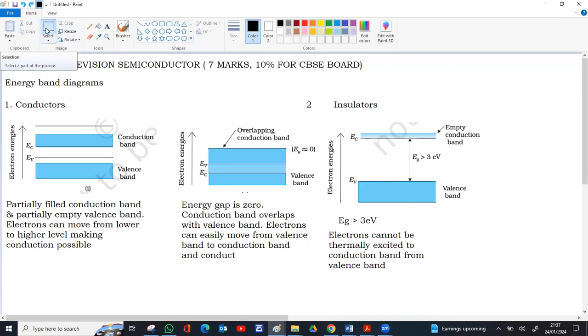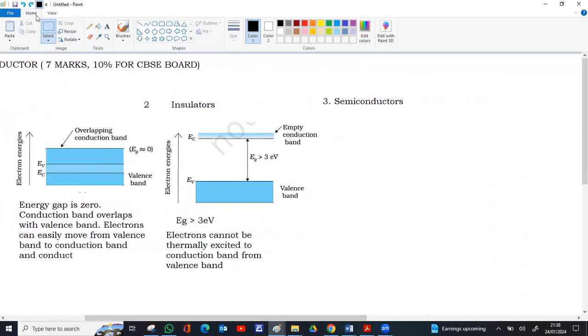Now the third category under broad classification is semiconductors. For semiconductors, the energy gap will be less than 3 electron volt. So the upper level of the valence band and the lower level of the conduction band are separated by an energy gap less than 3 electron volt. Good examples for elemental semiconductors are silicon and germanium.